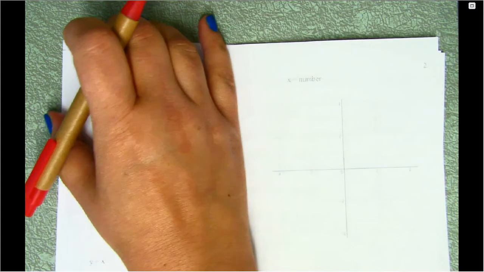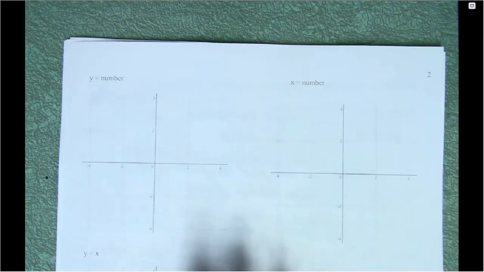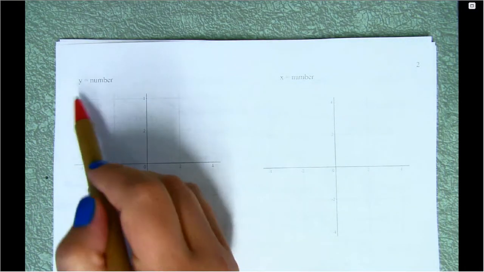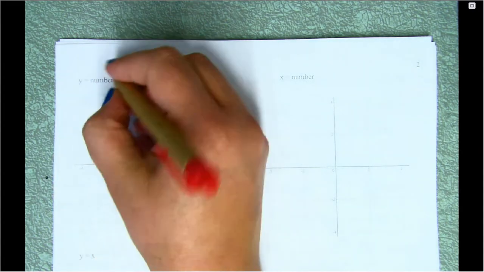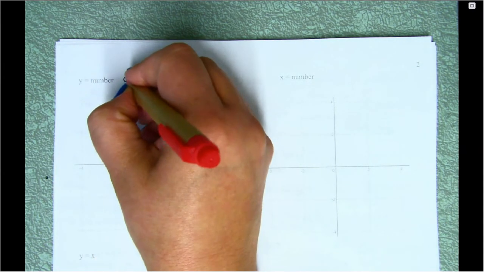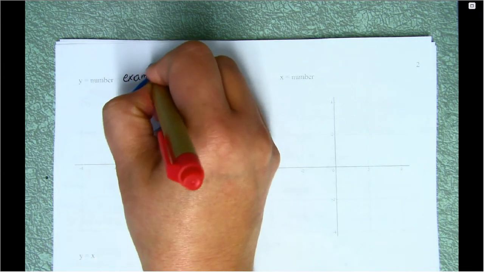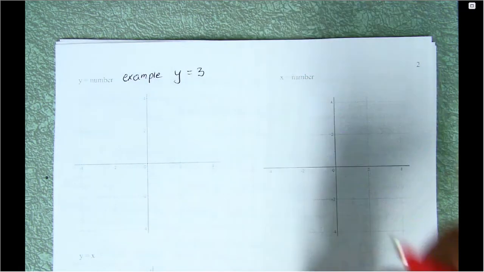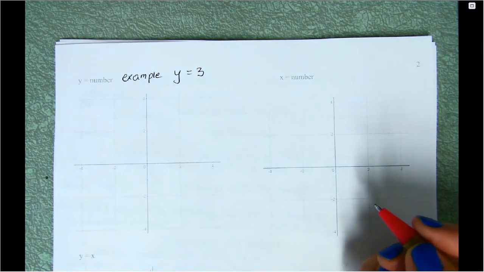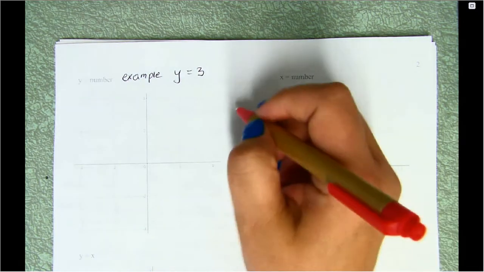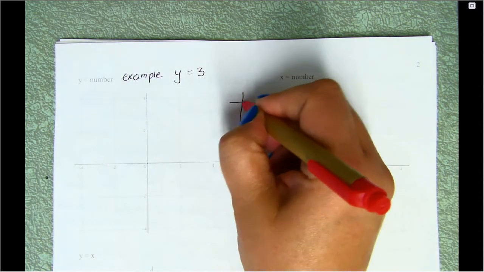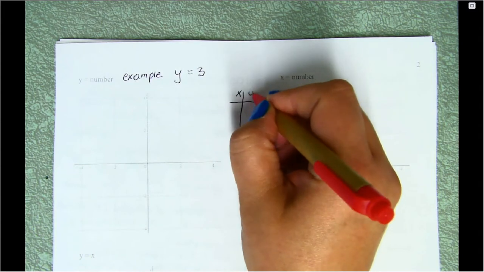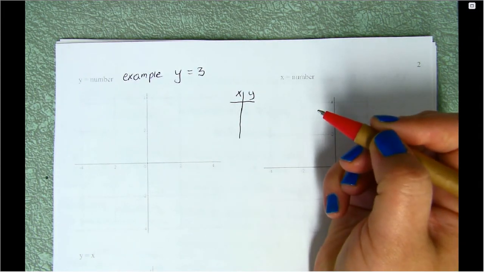Sorry. Okay, next is the line of symmetry that is y equals a number. So for example, I want my line of symmetry to be at y equals 3. Okay, where is that line? Well, if you want to graph the line, we sometimes make a table.